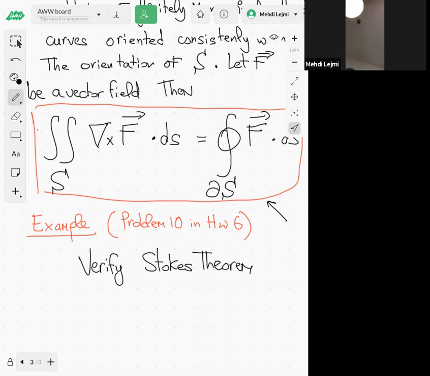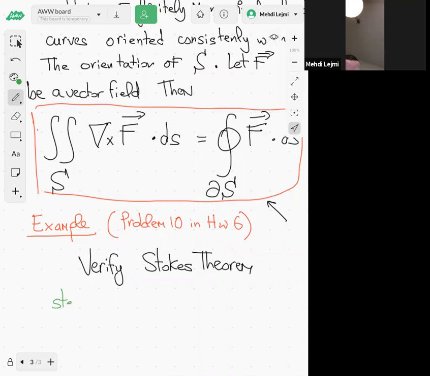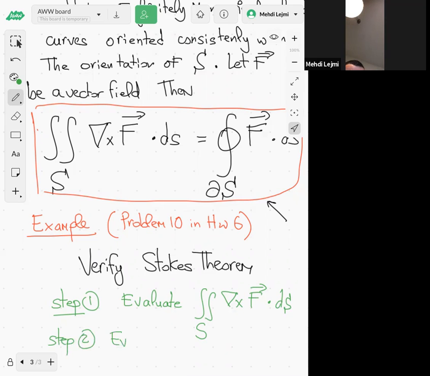So the first step, step 1, we need to evaluate the left side. This double integral is the surface integral of the curl of F. And then in the second step, we need to evaluate the right side.